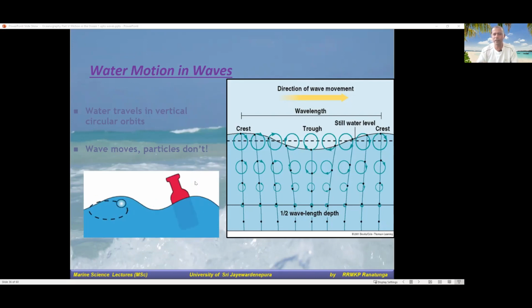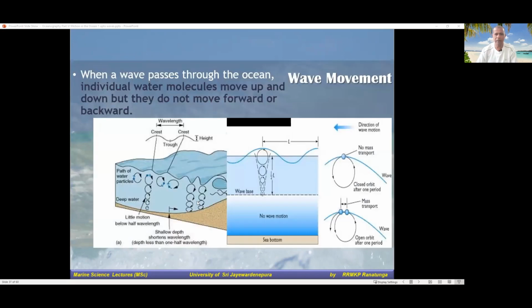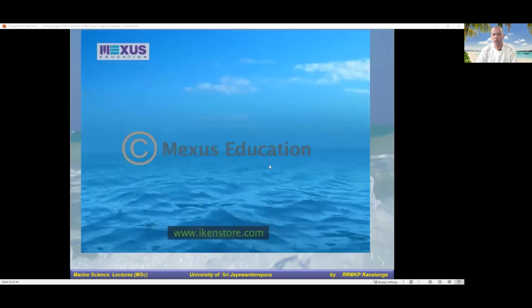You can still stay without any movement, you just need to push up and then you won't move, right. You might have seen this when you are playing. If you ever had a chance to go to the field, you will know these things. Anyway, that is how the particles move in the ocean.